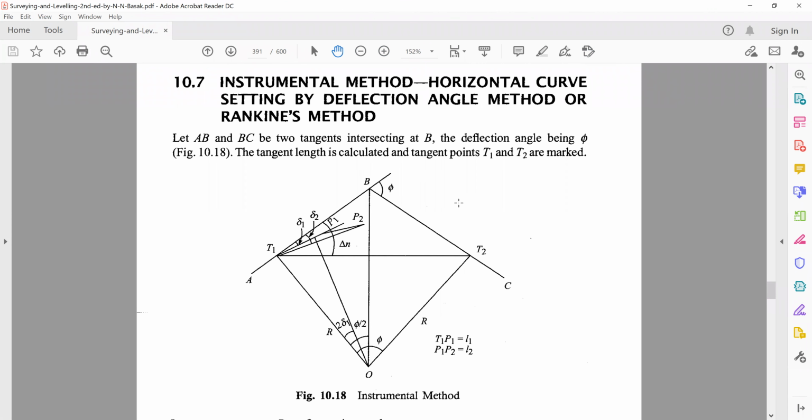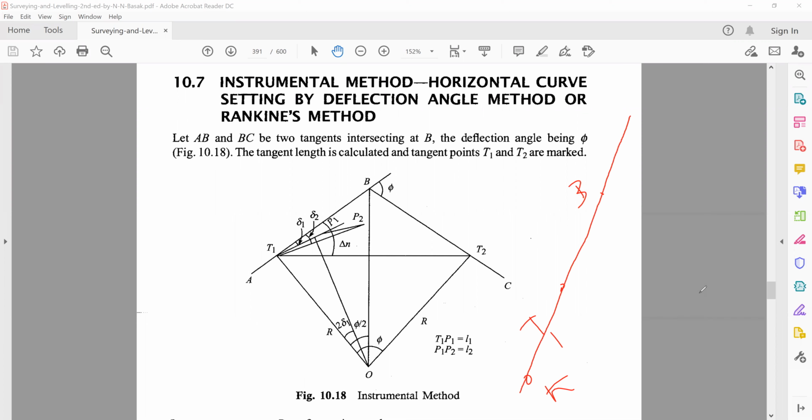So very briefly, in this method, what we do is that when you are in the field, you locate the point T1, and over here you'll have the point A, and you draw a straight line, which would be B over here, but you extend it further.